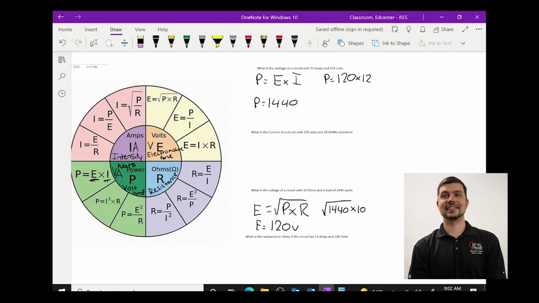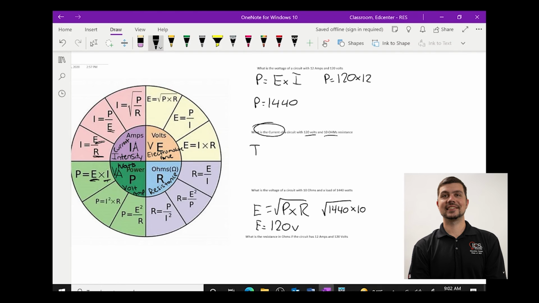Now what is my current? 120 volts and 10 ohms. Current is just another way of saying amps. So I'm going to have my voltage, or my E, so I know it's going to be one of these two. And then I'm also going to have my resistance, so I know it's going to be this one down here.